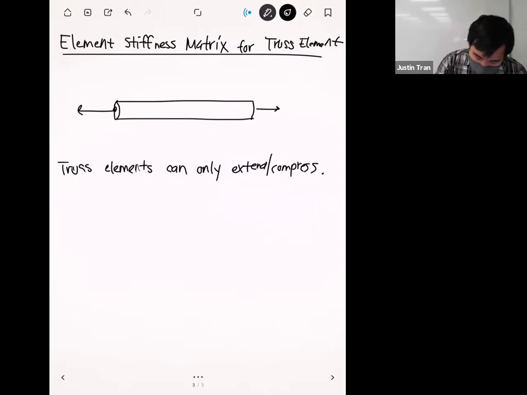And so just like we did for the spring, we're going to label both ends of the truss element. We'll call the left side node 1, and the right side node 2. Let's say that we're pulling on this truss with an equal and opposite force in both directions, so we have a tensile force T applied on both nodes.